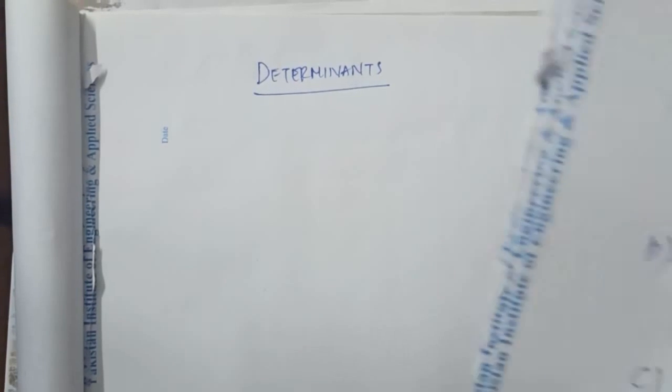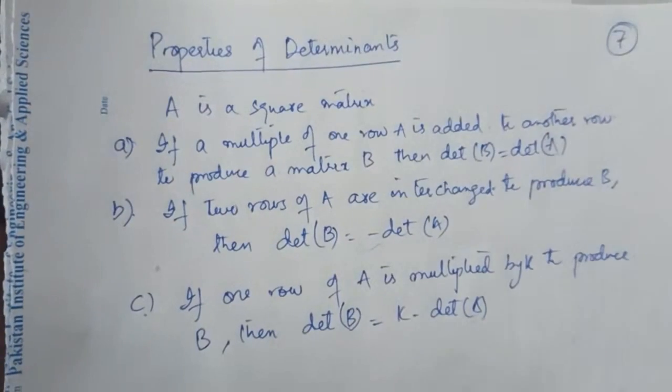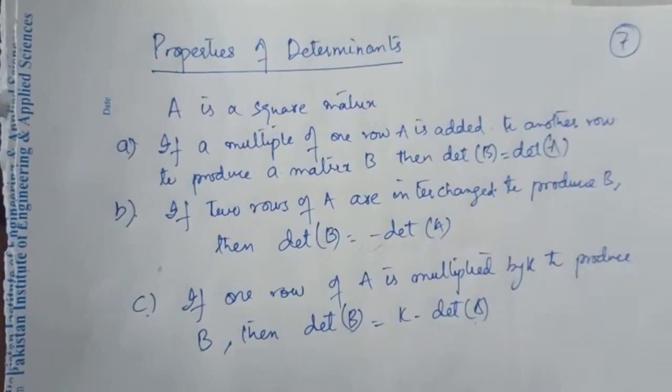Those properties were that if A is a square matrix, if you add a multiple of one row to another row, it will not change the determinant of that matrix.